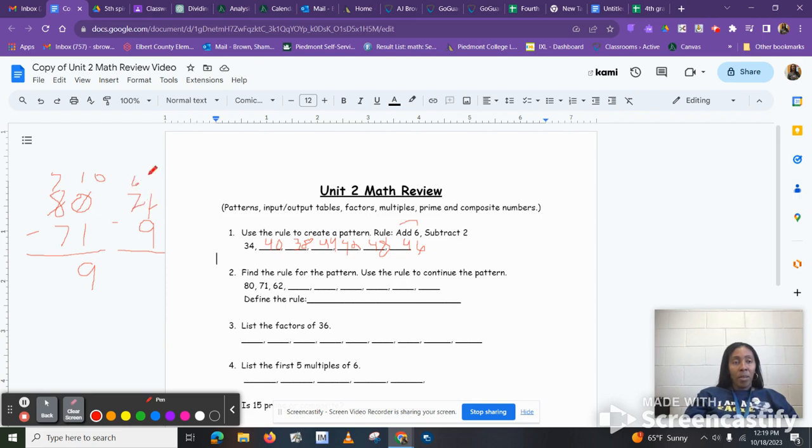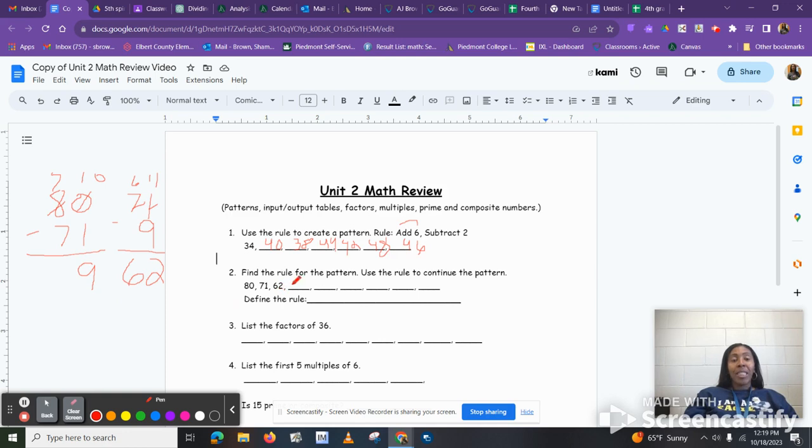My 1 becomes an 11. Now I can subtract. 11 minus 9 is 2. 6 minus nothing is 6. So look at what happened. I subtracted 9 from 71, and look what I got: 62. So now I know what my rule is. My rule is subtract 9.